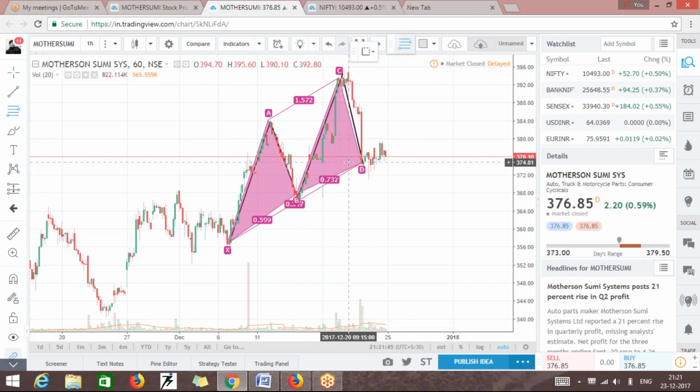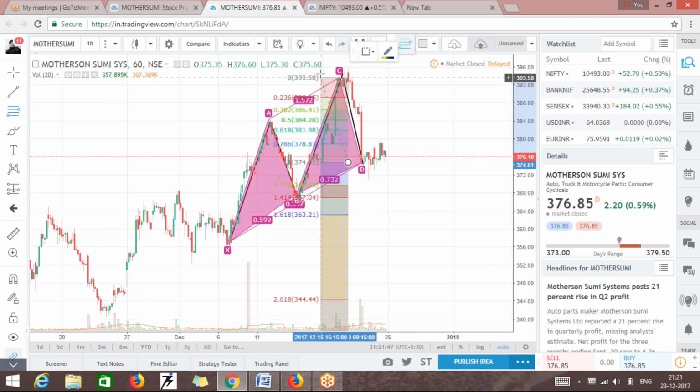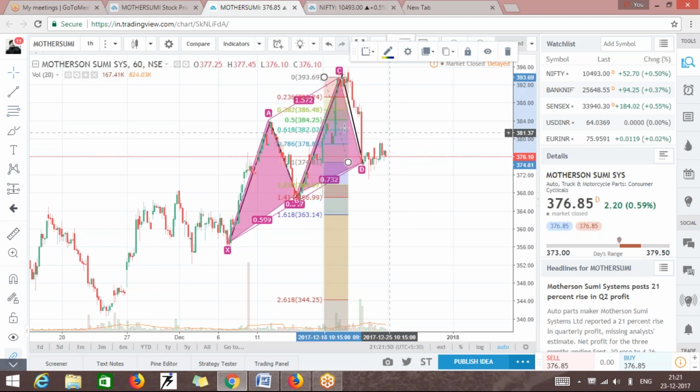Suppose we calculate from this to this. So this is 0.618, this level is 0.382. This is where people frequently try to book their profit.